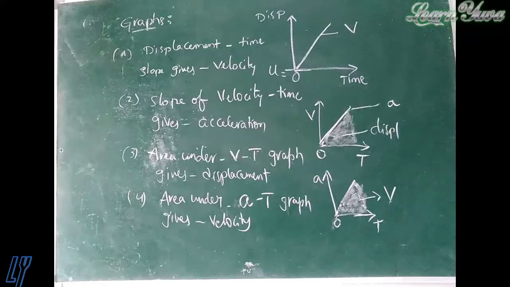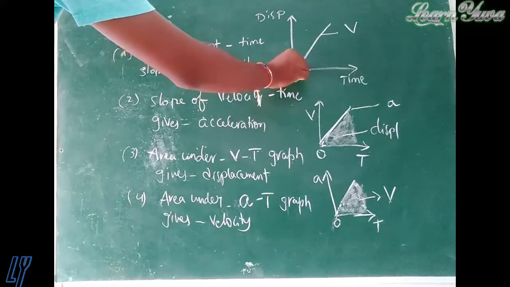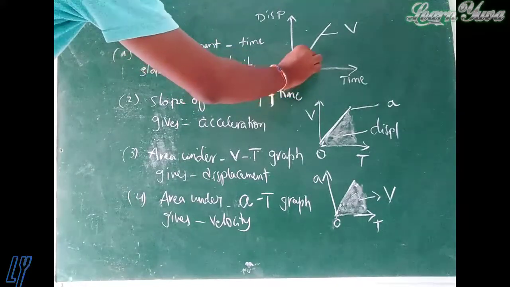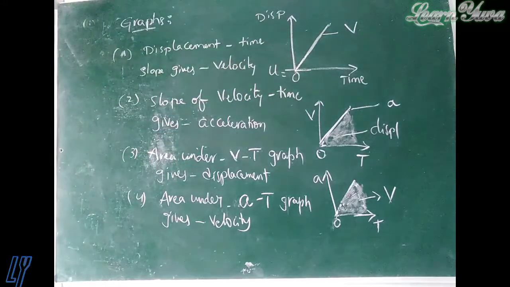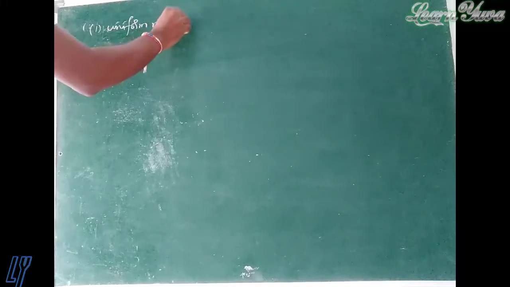In the displacement-time graph, if the body starts from the origin and the slope is a straight line like this, the first case is uniform motion.